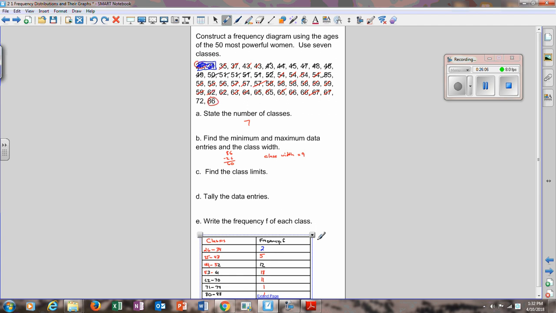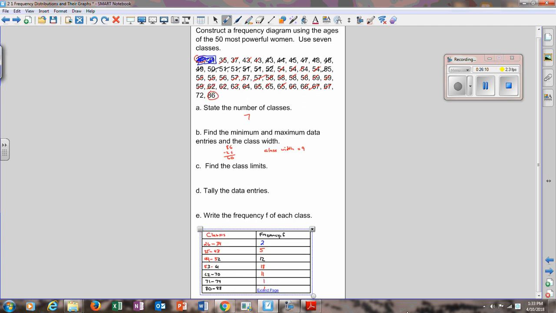So if we went back to this example here, it would be 26 plus 34 and divide that by 2. And so your class mark, we would take this table, add another column to it.